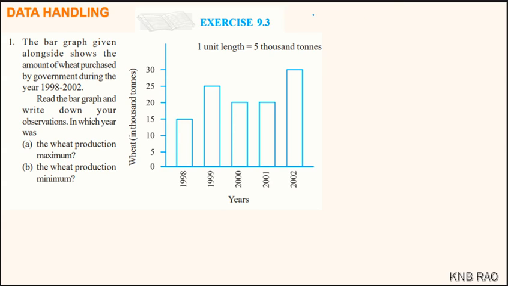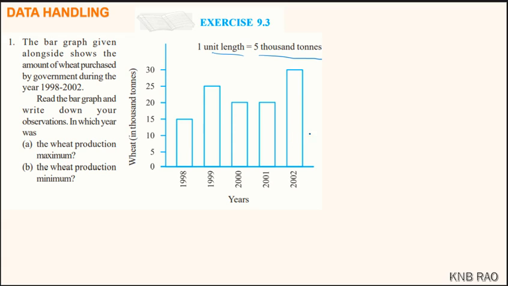If you see here, the unit is considered as 5000 tons, whereas this is a vertical bar graph. So, you could observe the longest bar in the year 2002. So, in the year 2002 maximum wheat production was purchased by the government.